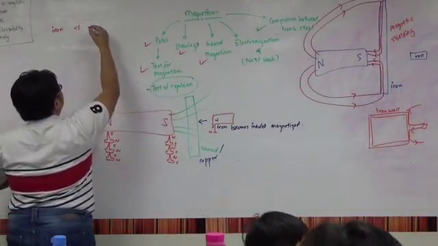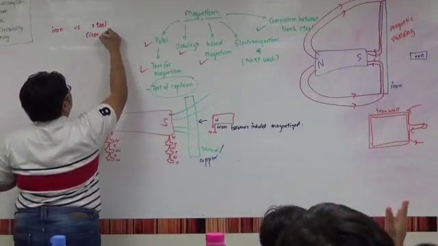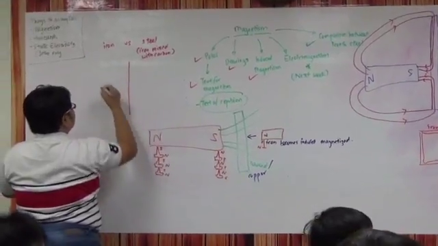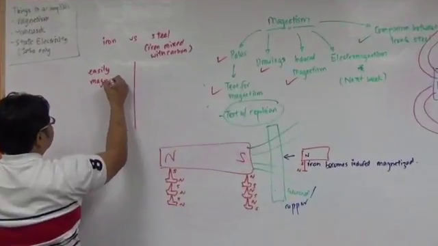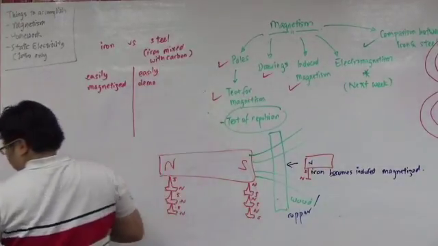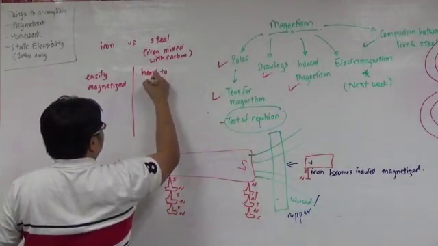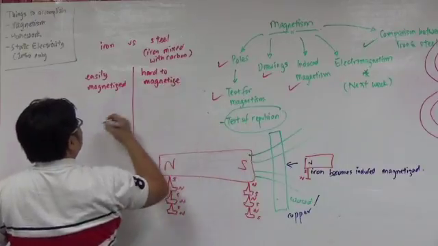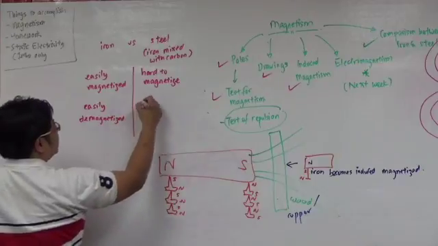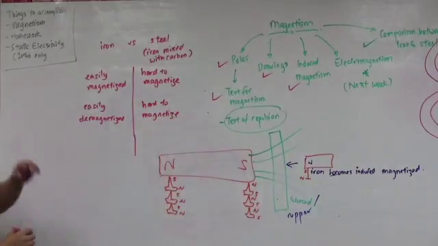I don't know what's so different between iron and steel. Iron starts with I and steel starts with S. How come Iron Man cannot be called Steel Man? Maybe steel is too hard to magnetize.